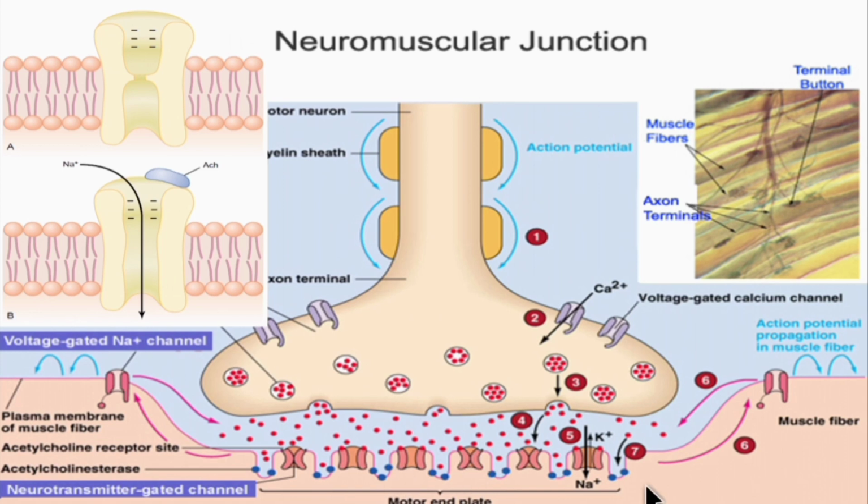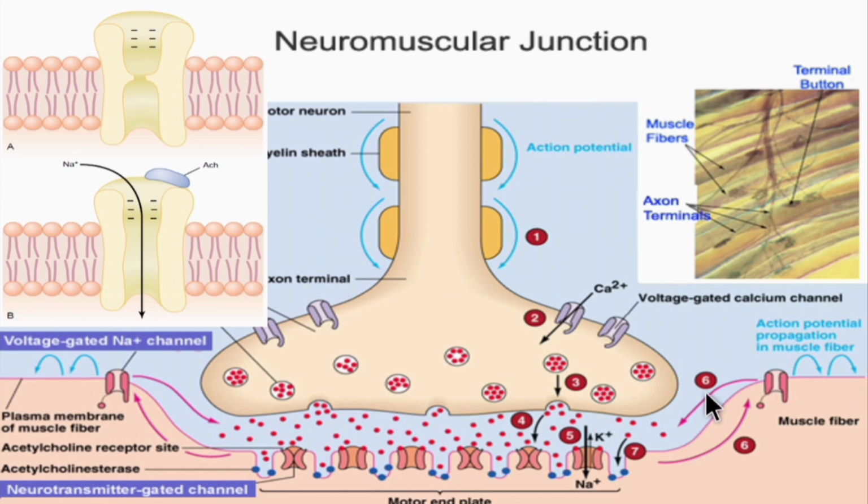The potential which develops here is a local potential and is called the motor end plate potential, MEPP or simply EPP. If it reaches the threshold level, then an action potential is established in the muscle fiber membrane or sarcolemma, and it travels on both sides, as you can see here, to this side and also to this side.